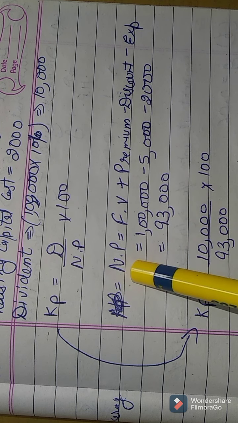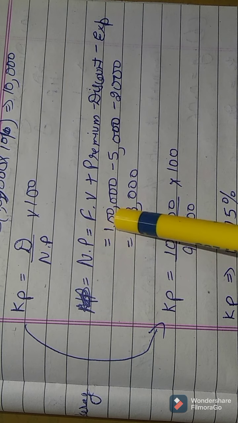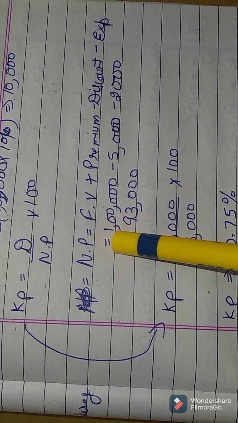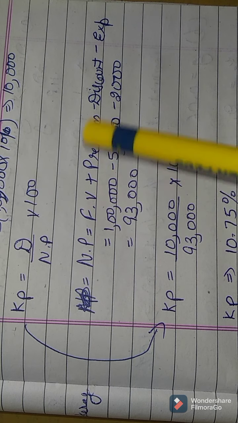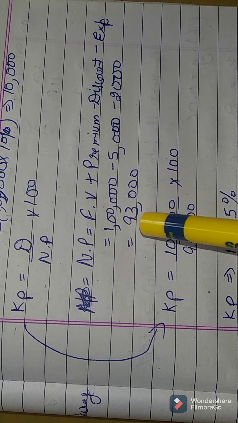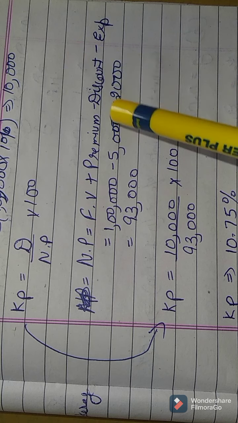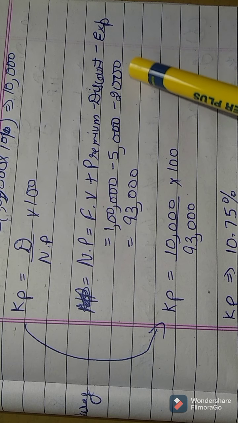Now calculate net proceeds. Net proceeds is calculated by adding premium to face value minus discount and minus expense. Here face value is 1 lakh, premium is not given, discount is 5,000 and expenses 2,000.